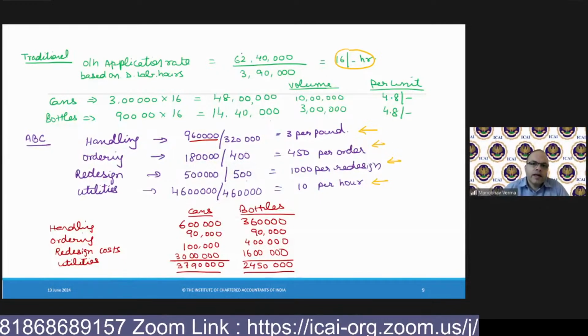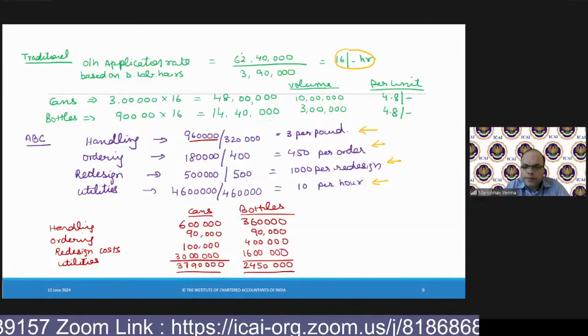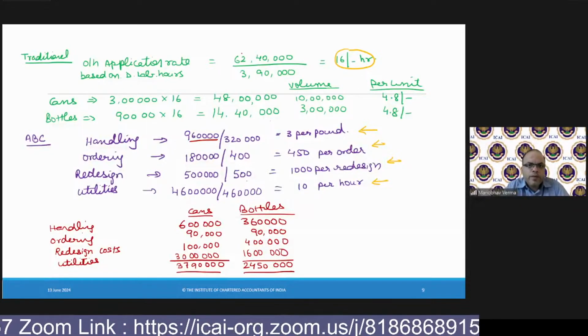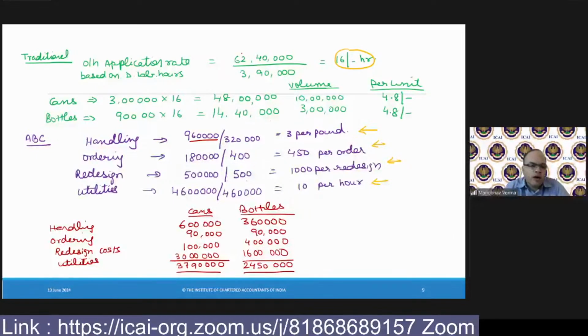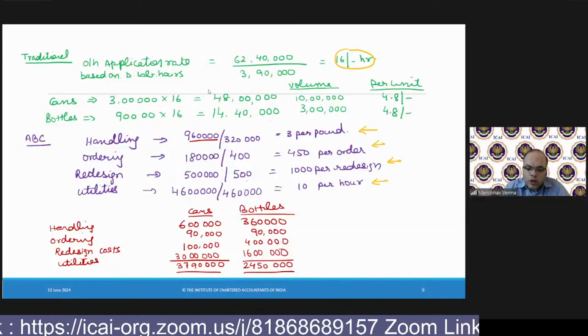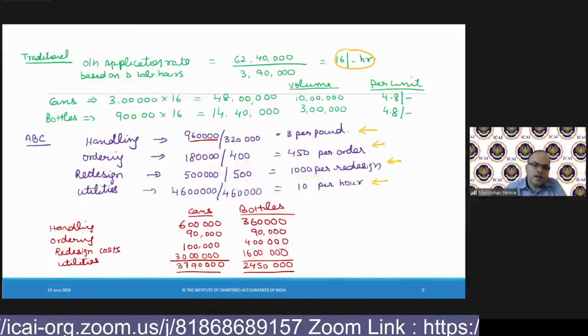Please double check for any calculation issues. All are with me, I hope. We're getting 3790 and 2450 so far. And what we also have are the volumes given to us as 10 lakhs and 3 lakhs.